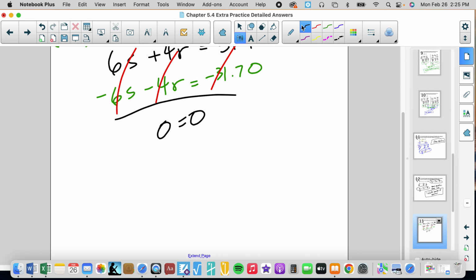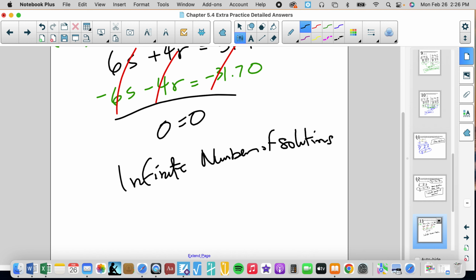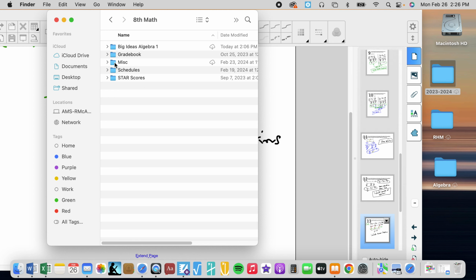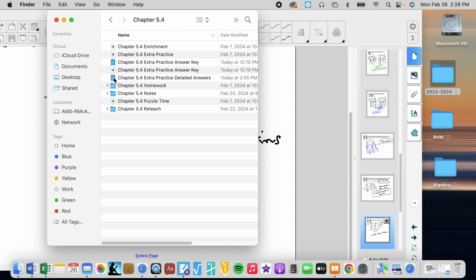So I wonder, infinite number of solutions. What does that look like? Let's take a little gander, kids. What does that look like for a solution? I think that's it. I mean, we can come up with a solution, I guess, if we thought about it mathematically.